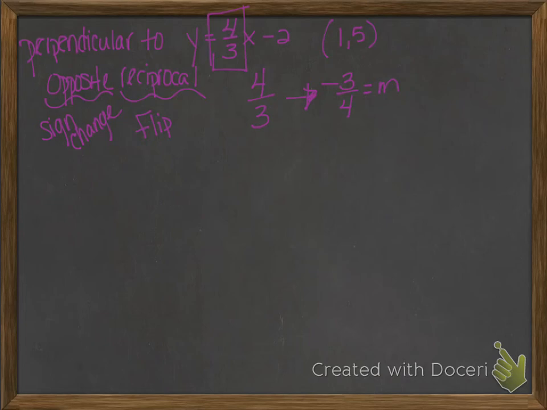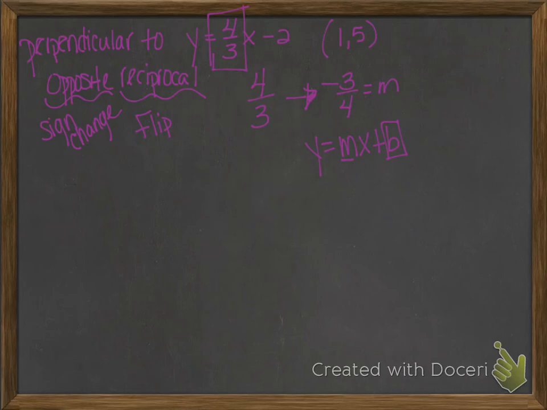Okay? Same thing like parallel lines. We know the slope. We also have a point. We want to write our line in slope-intercept form, that y equals mx plus b. So we have a slope, we need to find our y-intercept. Again, we do that by plugging in our point that we know and our slope.